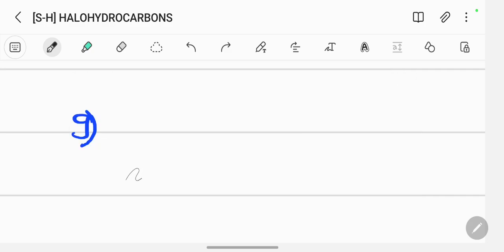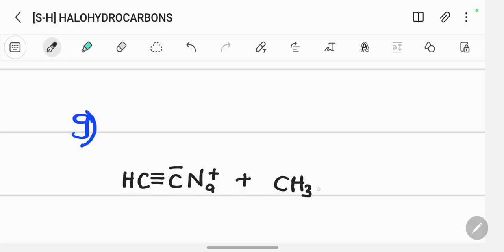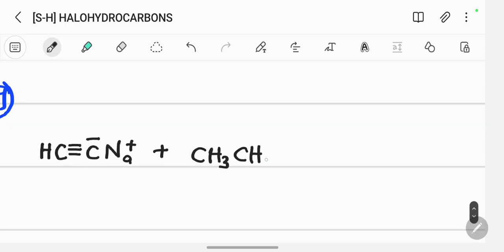You get to know that this reaction, we covered it in chain elongation and alkynes, where we used sodium in liquid ammonia and formed the acetylide.